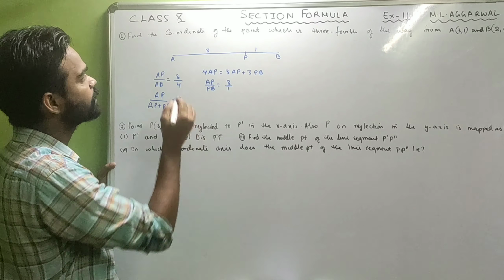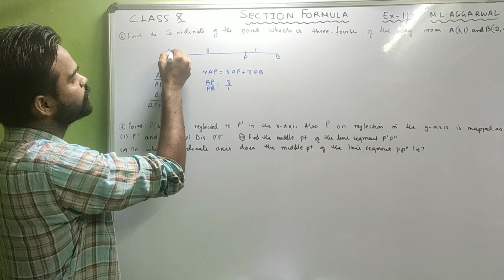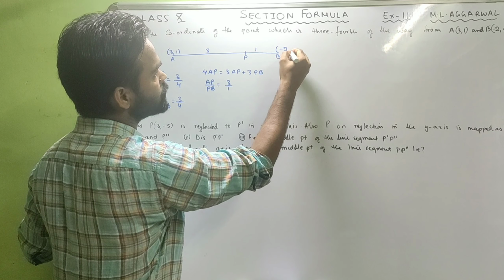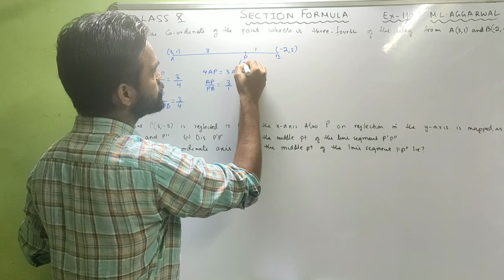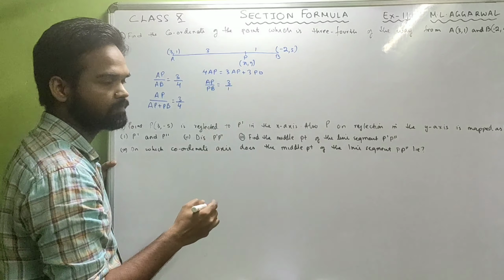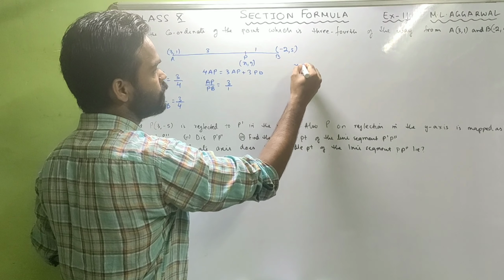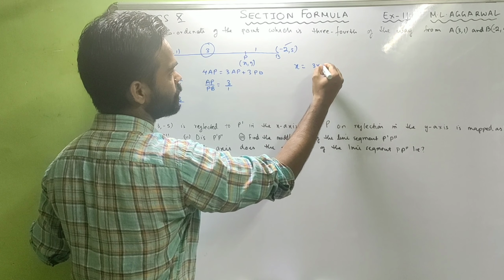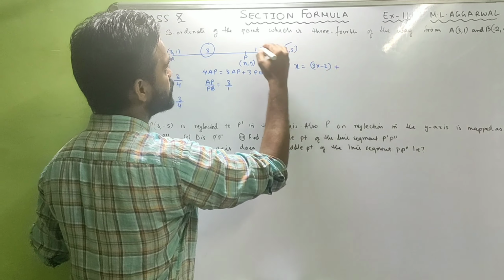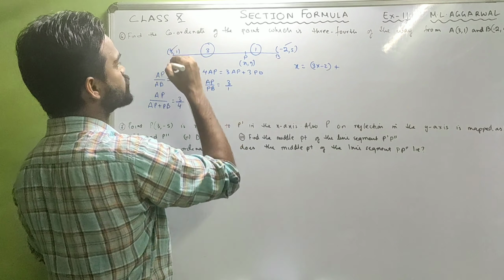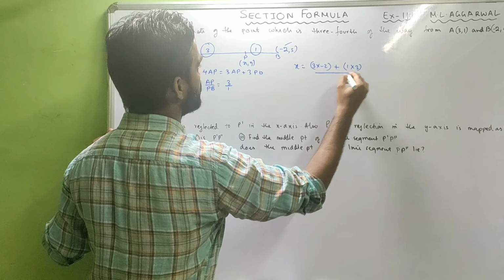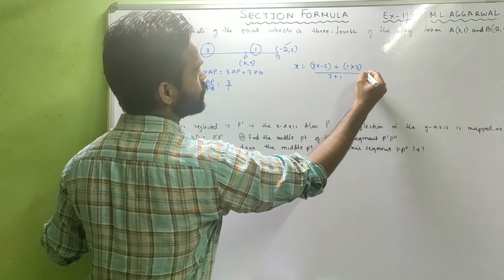AP is to PB. Now A we know (3, 1) and B we know (minus 2, 5). Suppose this is (x, y). Can we have the formula? x will be what? m x2, that's 3 multiplied by minus 2, plus n x1, that's 1 multiplied by 3, by m plus n, that's 3 plus 1.